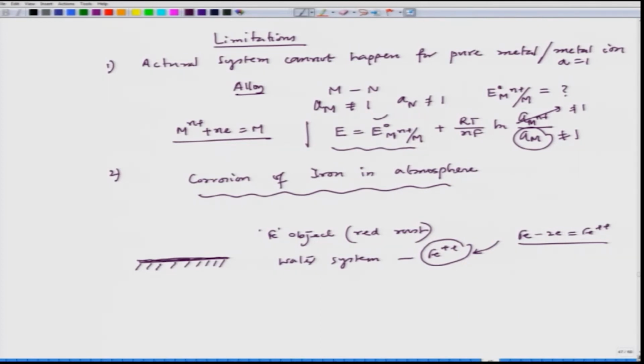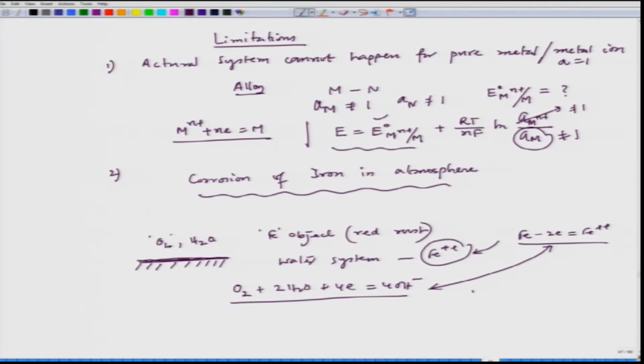Now, there are oxygen, dissolved oxygen, as well as water, and if the atmospheric water is mildly acidic, we can consider it to be neutral. So in the neutral medium, we know that there is a possibility of this reduction process. If we have this reduction, then this oxidation reaction must happen in order to supply electrons for these reduction reactions.